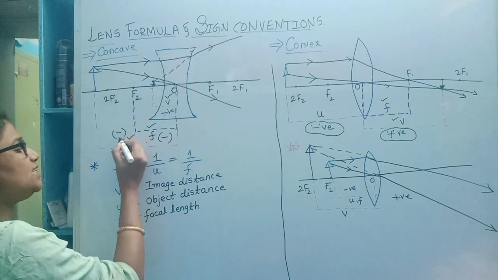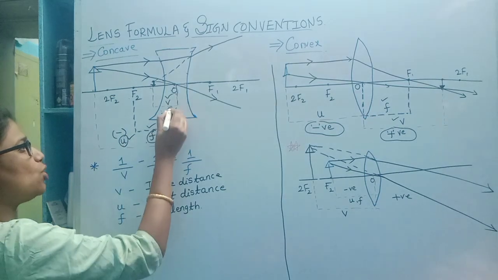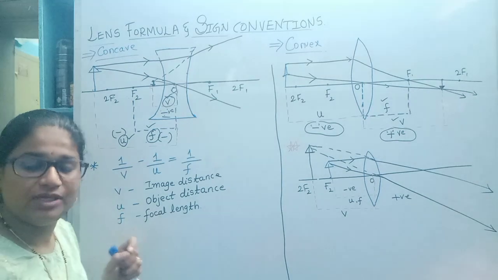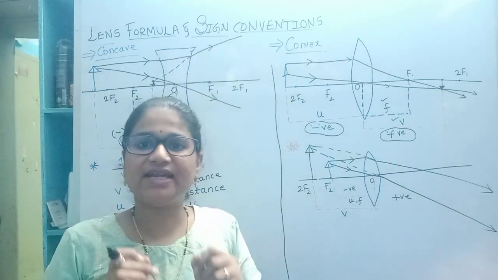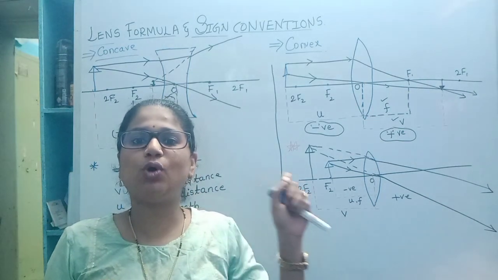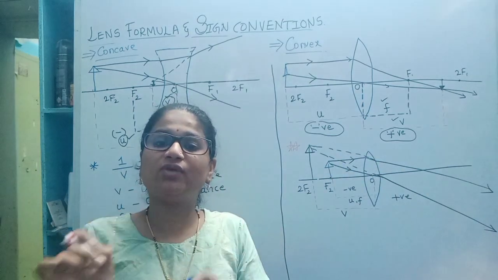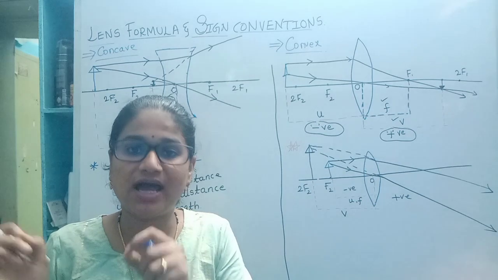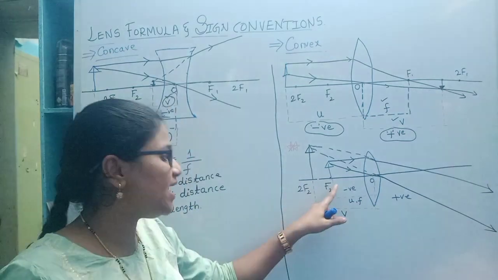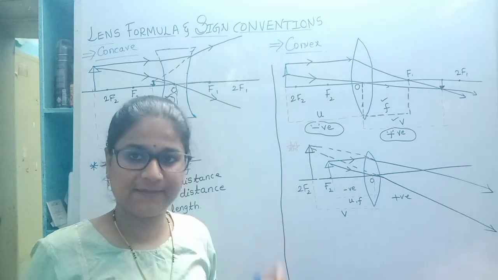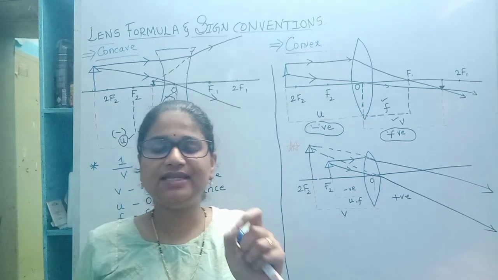So all these values we should consider as negative. In brief, the focal length in a concave lens will be negative. The focal length in a convex lens will be positive unless the object is placed at the principal focus of the convex lens. This is regarding the lens formula.